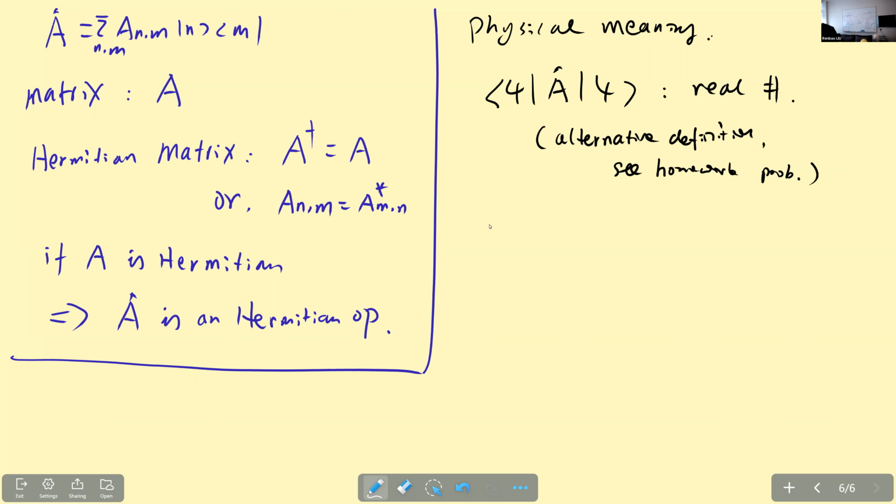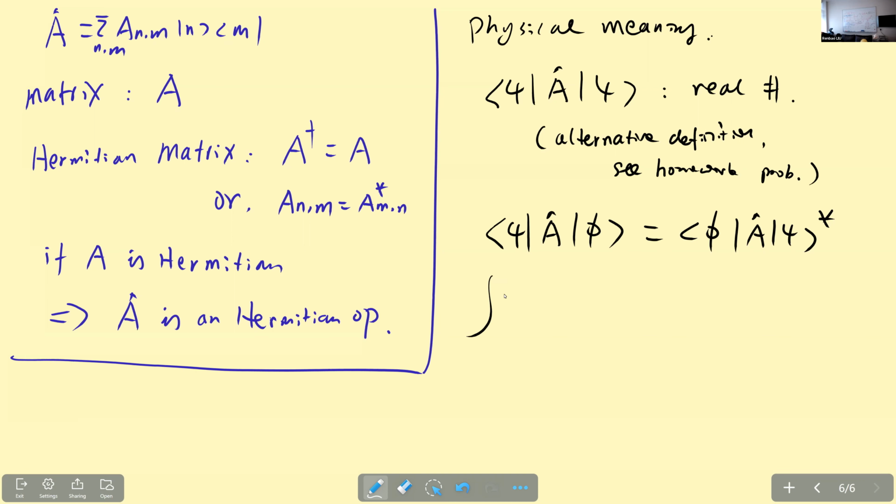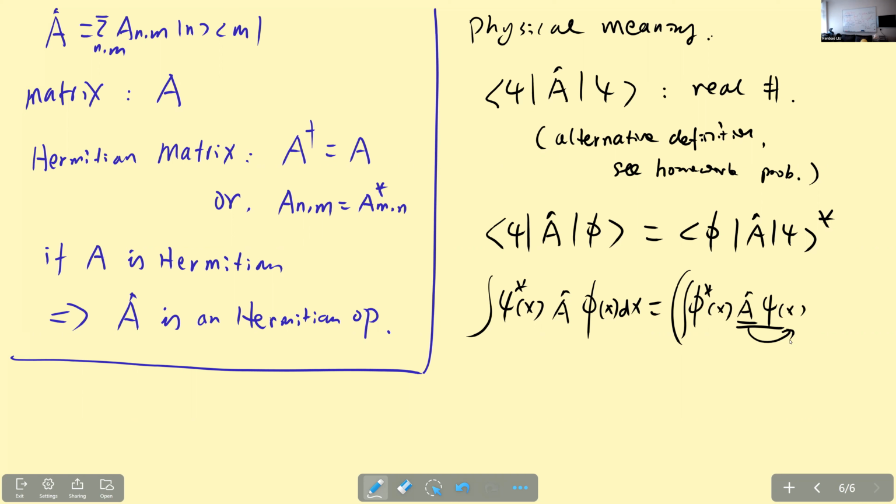And also you can say that for any state psi and A of phi, so this must equal to phi and A and psi complex conjugate. And in terms of the integration, we say that this equals to, so not this one acting on this, remember.